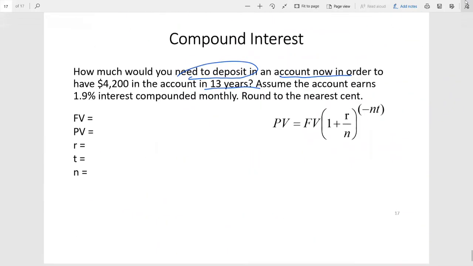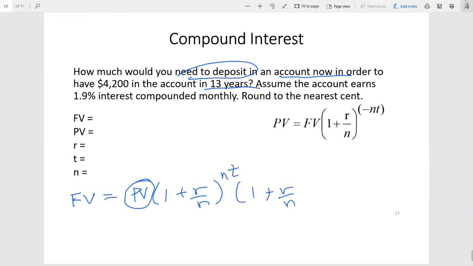In fact, remember the future value equals the present value times 1 plus r over n to the nt. If we want to solve for present value, I multiply both sides by 1 plus r over n to the minus nt.